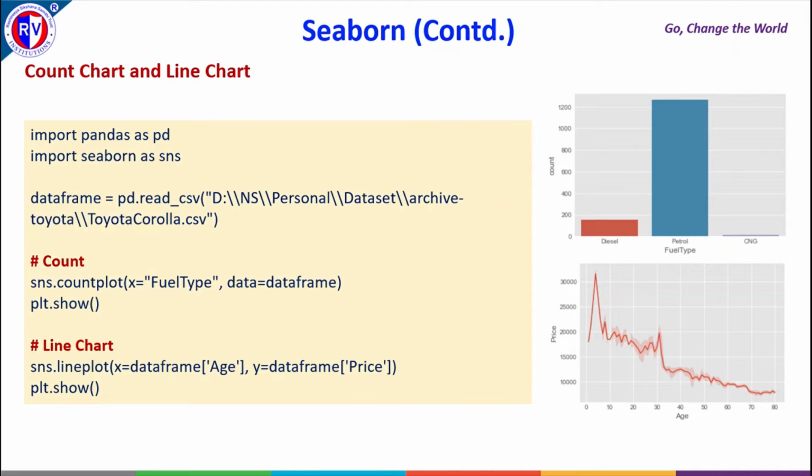For that we have a function called line plot, which takes the x value and y value. Here x value is age and y value is price. We are getting the age and price data from the data frame and plotting the graphs.